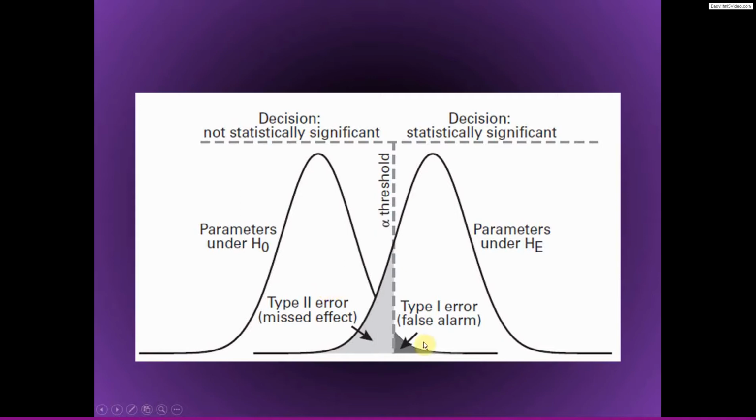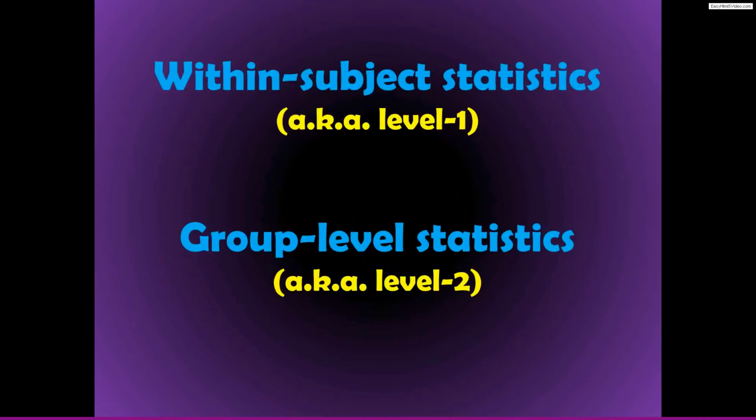But on the other hand, you run the risk of calling even true effects non-significant. So that's a bit of a trade-off. And in practice, people set this alpha threshold to be p less than 0.05 or 0.01 or something like that. Again, we will talk about this a little bit more in future videos.